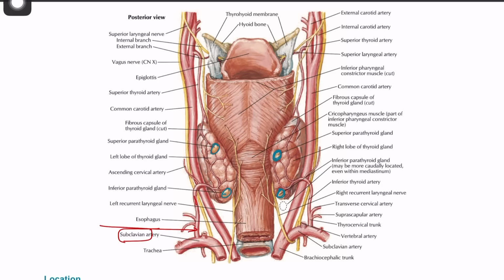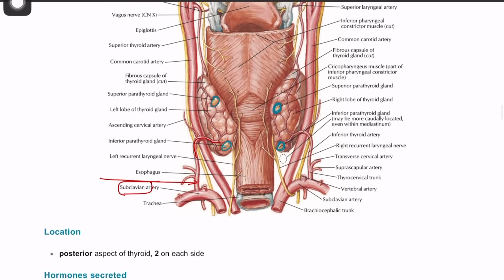And this is the inferior thyroid artery. So the inferior thyroid artery supplies all the parathyroid glands, specifically the inferior ones as well. The inferior parathyroid glands are supplied by the inferior thyroid artery from the thyrocervical trunk of the subclavian artery.